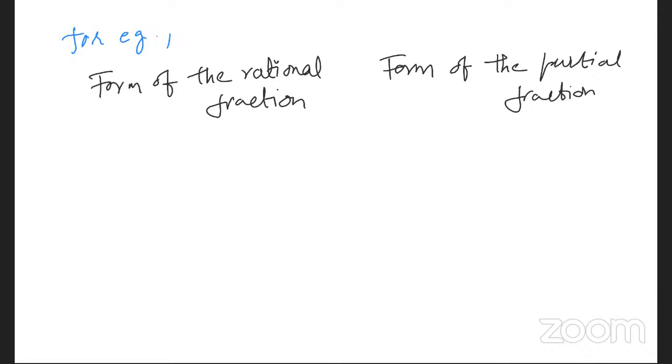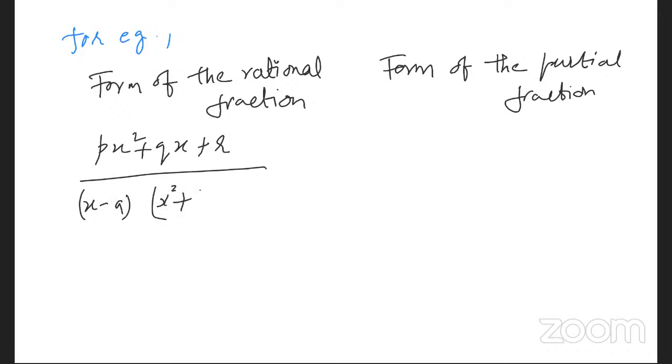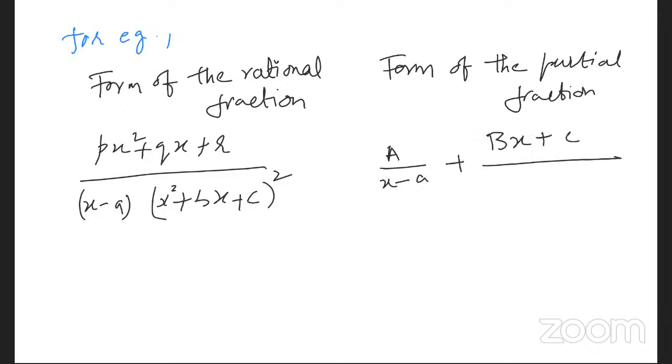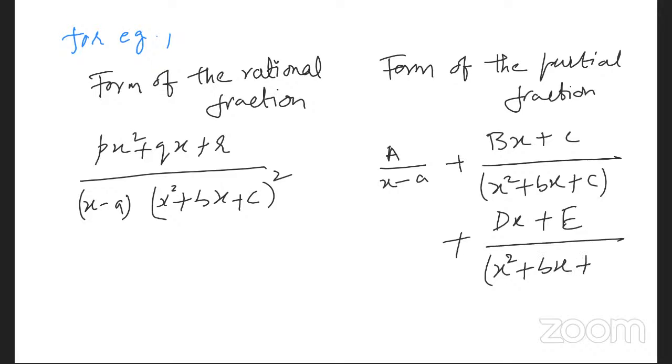Now if it is (px² + qx + r) divided by (x − a), a non-repeated linear factor, and we can take a combination, (x² + bx + c) whole square, this is a repeated irreducible quadratic factor, and the form will be A/(x − a) plus (Bx + C)/(x² + bx + c), plus, as it is repeated, we are going to take one more term with other constants, (Dx + E)/(x² + bx + c)².